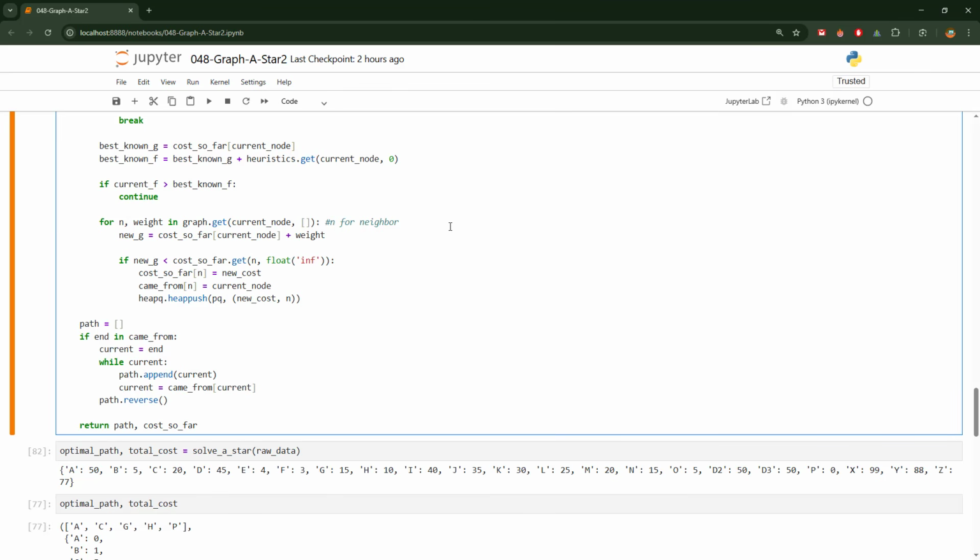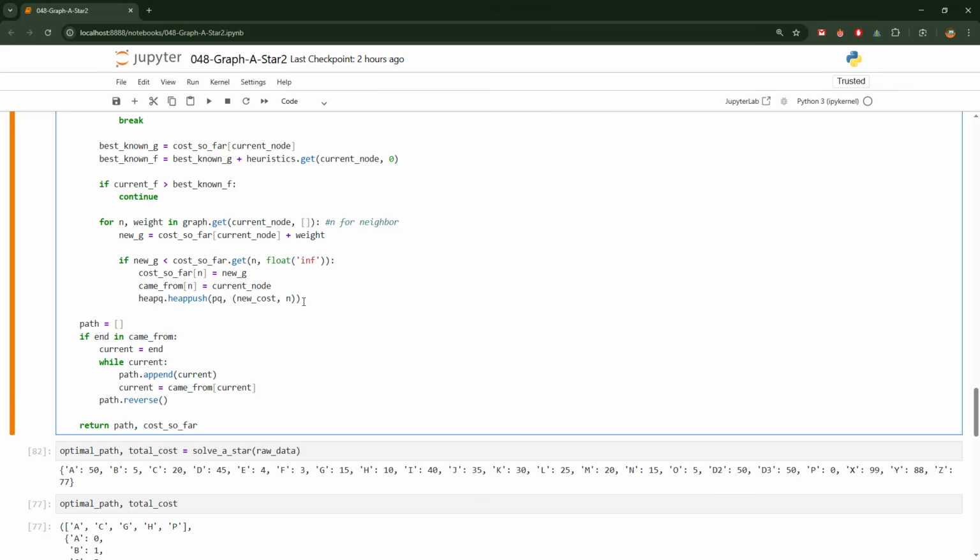Okay, so if new G smaller than cost so far, then cost so far neighbor is equal to new G. Yeah, we were renaming everything. So came from neighbor is actually the current node. That's great.